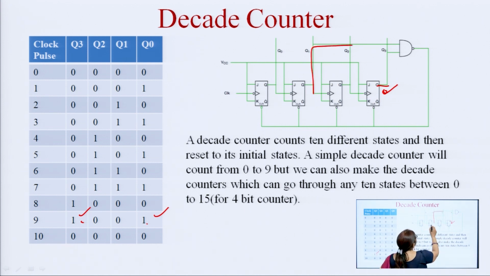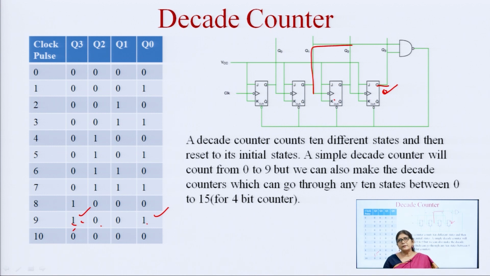Okay. So, 1 0 1 0 is connected here. When this 1 0 0 1 appears, then this NAND gate will give 0 output, it will provide a clear signal to all the flip flops, and they will go to 0 0 0 0. So, this is the decade counter.